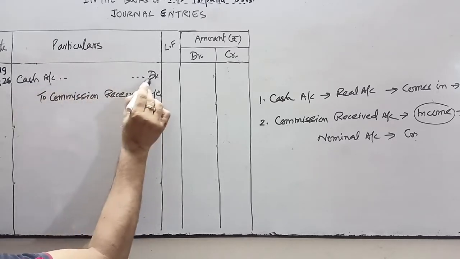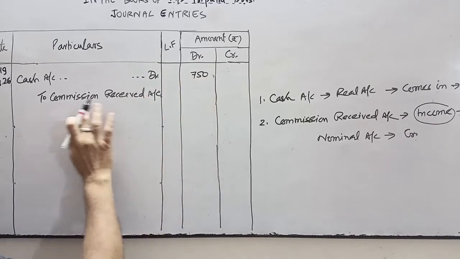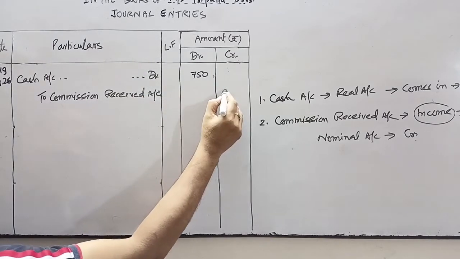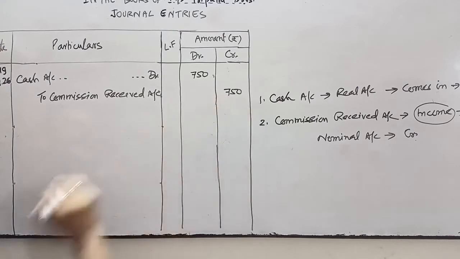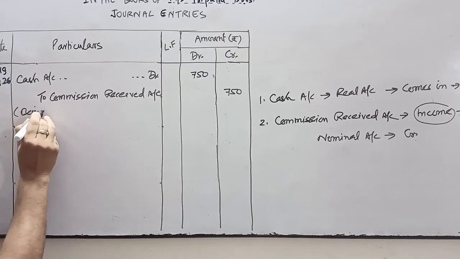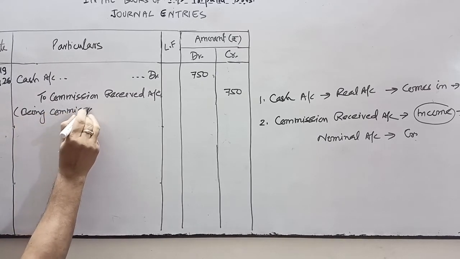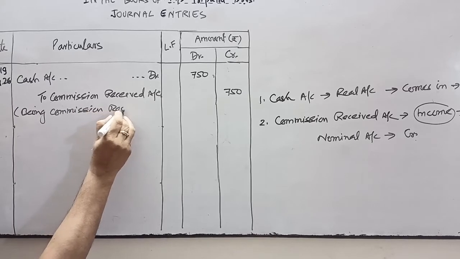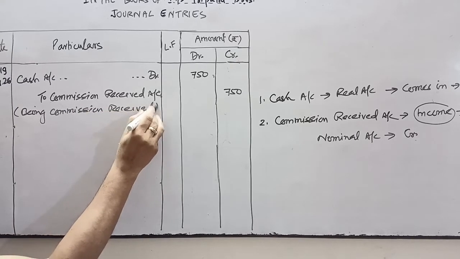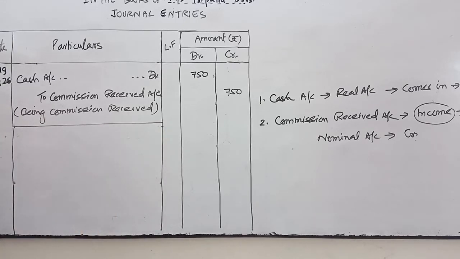So cash is debit, so in the debit column I will write 750, and commission received is credit, so in the credit column I will write 750. Narration will be being commission received. It's very clear and very short, easily understandable, okay, narrations.